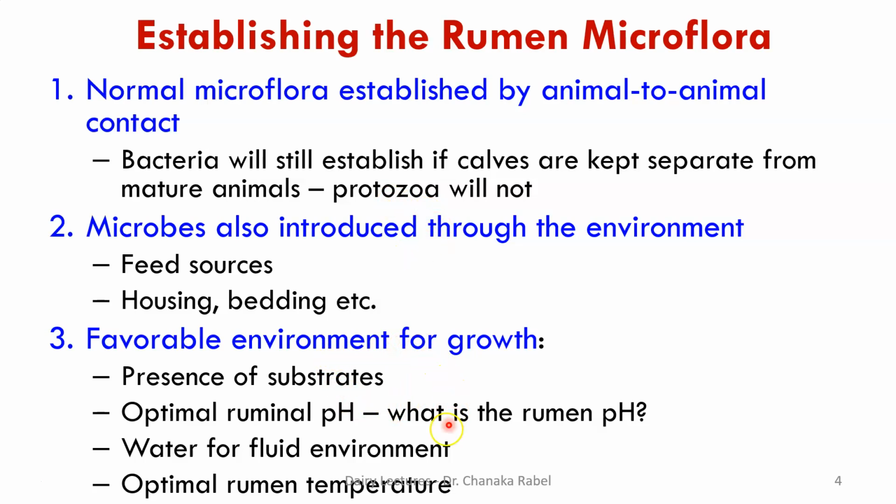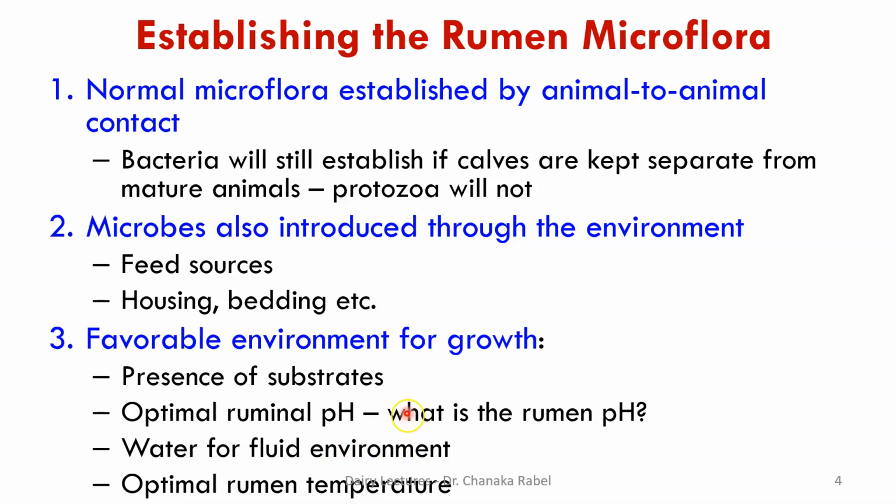And then we have to make sure that there is a favorable environment for microbial establishment. What we mean by favorable environment is the optimum pH and temperature, which are obviously going to be there. What you and I can do is ensure there is a fluid environment.